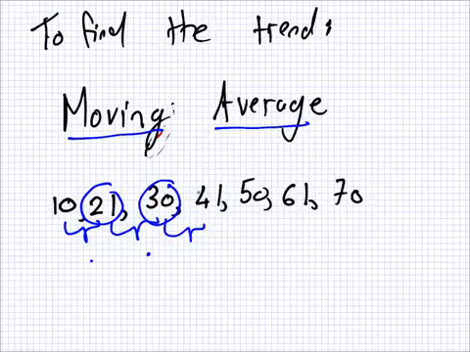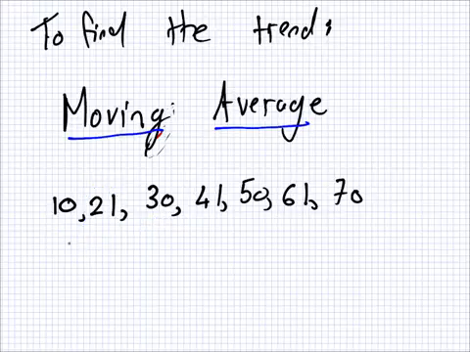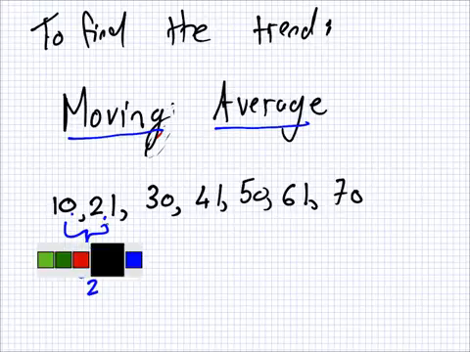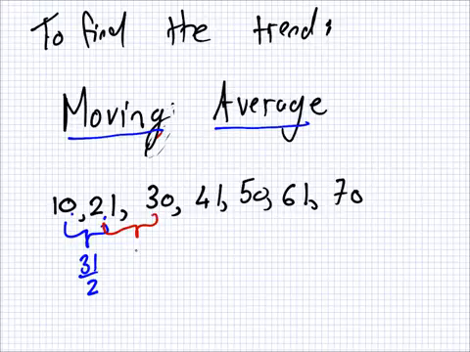So, for example, here, the average of 10 and 21, this would be 31 over 2. And then you move again, average of 21 and 30, that would be 51 over 2.